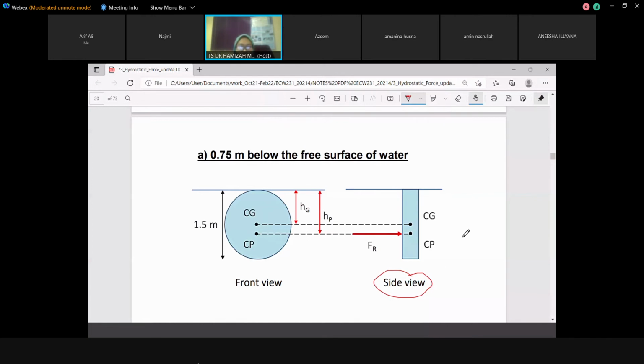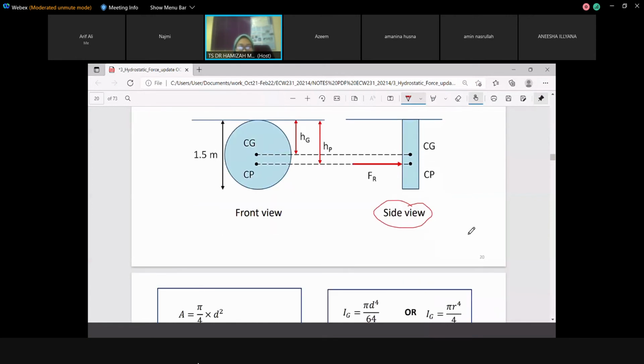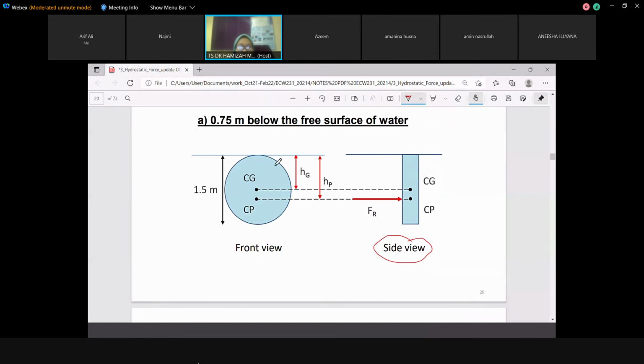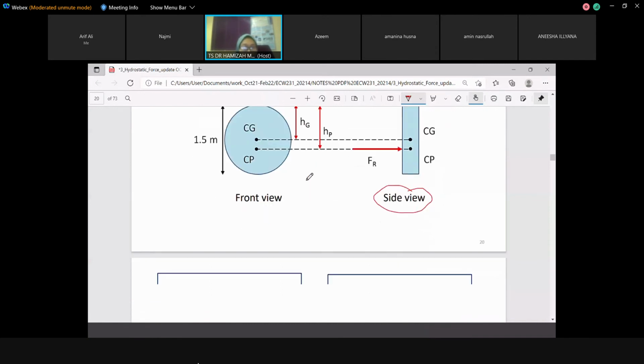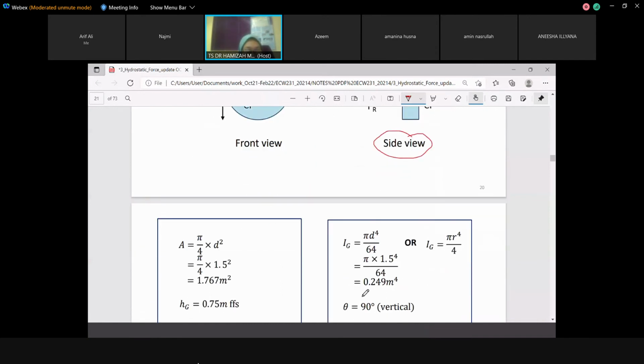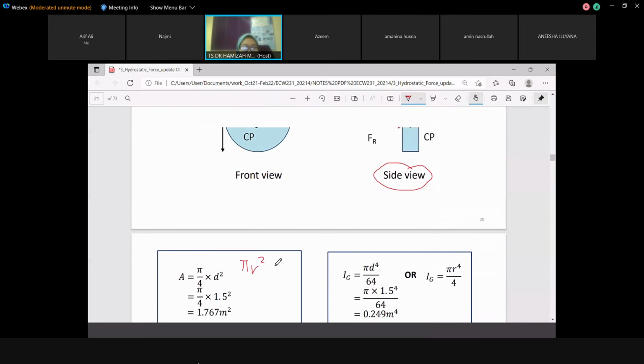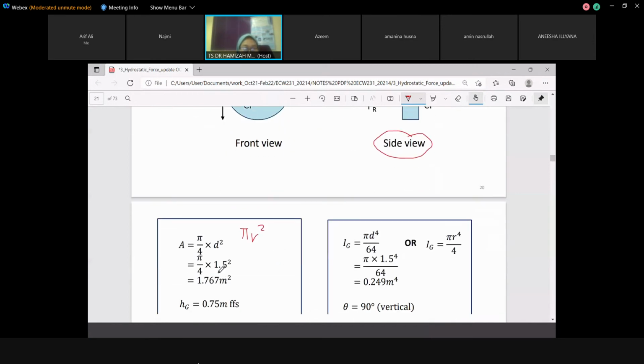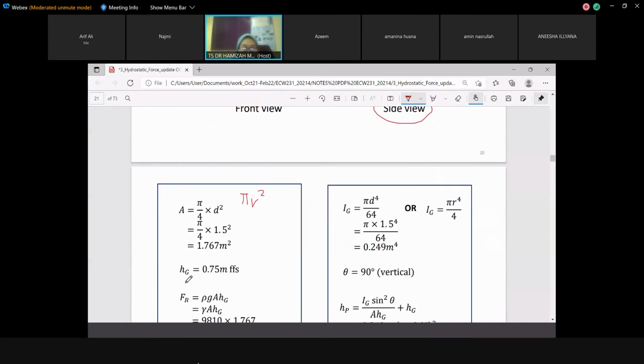Okay. So bila bentuk dia circle, we use the formula pi r squared ataupun pi d squared over 4. HG dia sama, half of the structure.